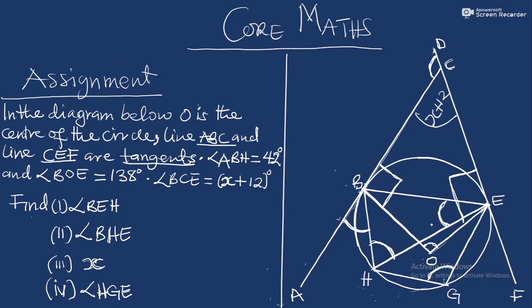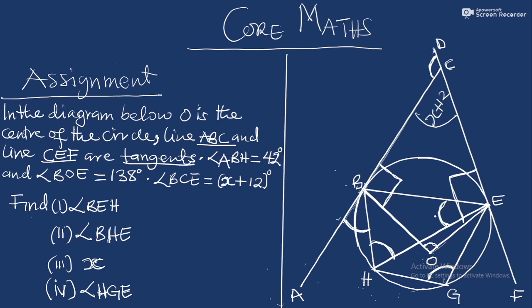Even though we're not told in the question, when you look at the diagram carefully, you will see that there's a cyclic quadrilateral there. That is HBEG, because all the vertices are on the circumference of the circle, and it's a four-sided figure.